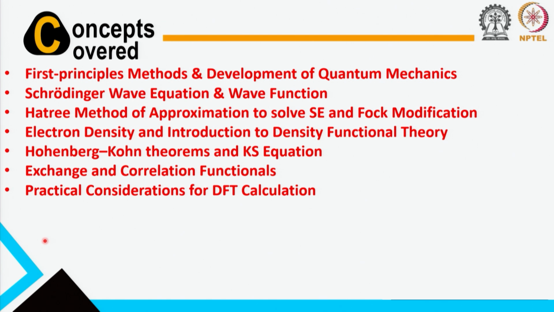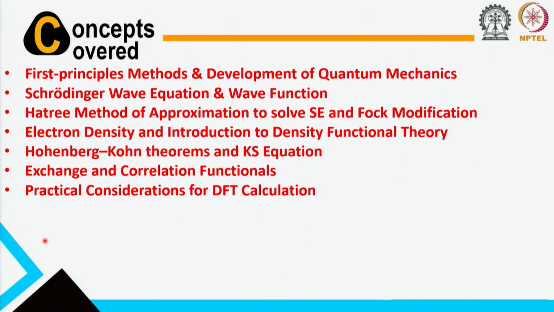Of course, DFT calculations are also some approximation to the Kohn-Sham equation or the quantum mechanical equation. So the solution requires some approximation, and we also need some practical considerations to cut short the number of atoms and electrons we need to treat. For that you generally need to know a little bit about solid state physics.